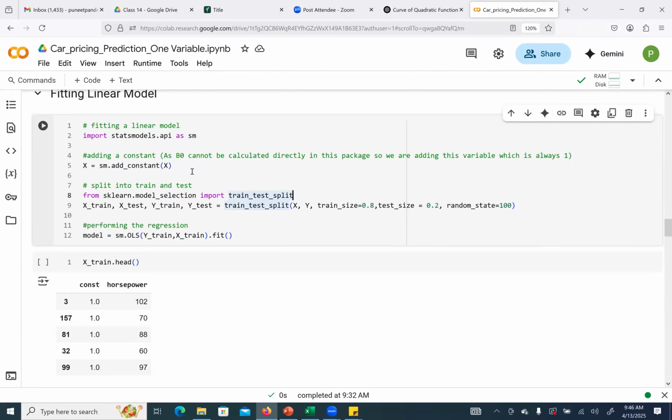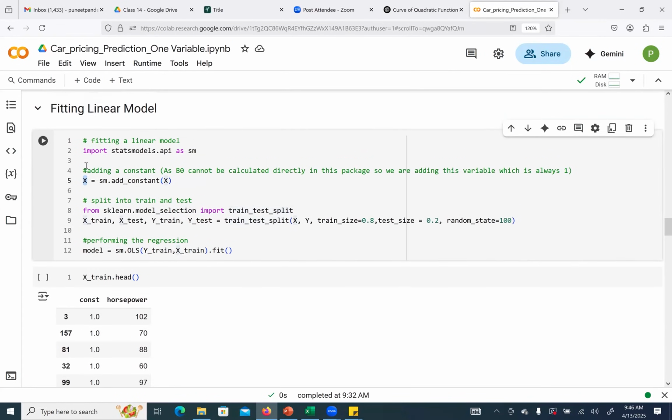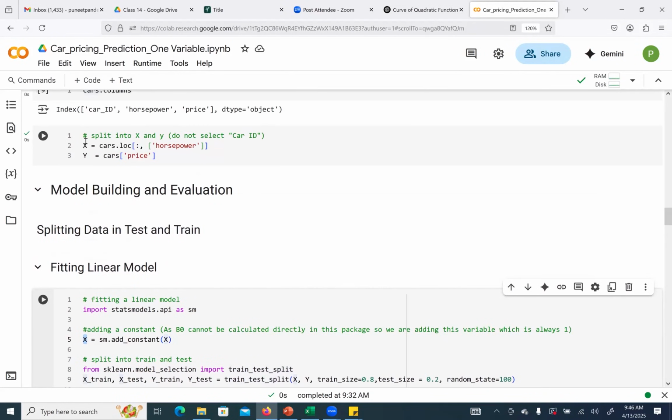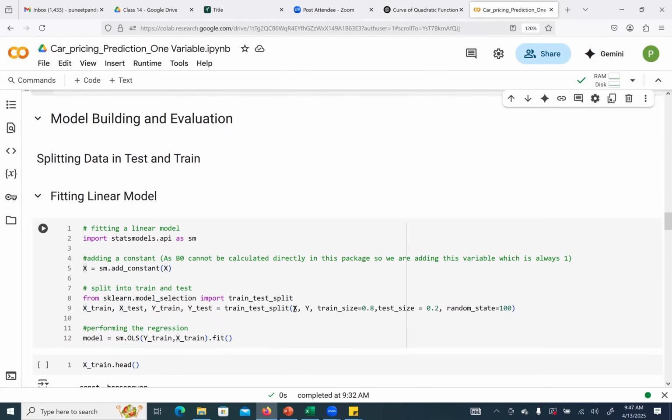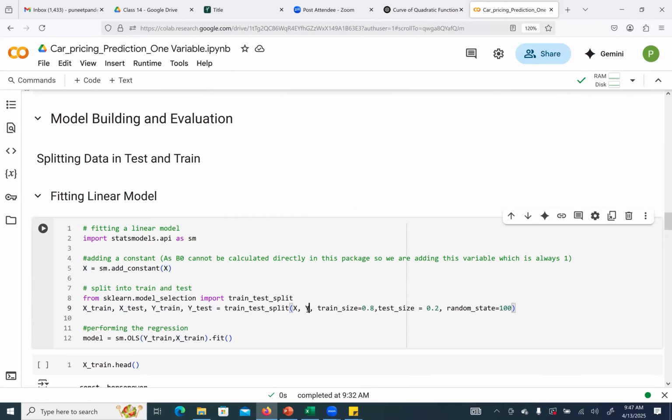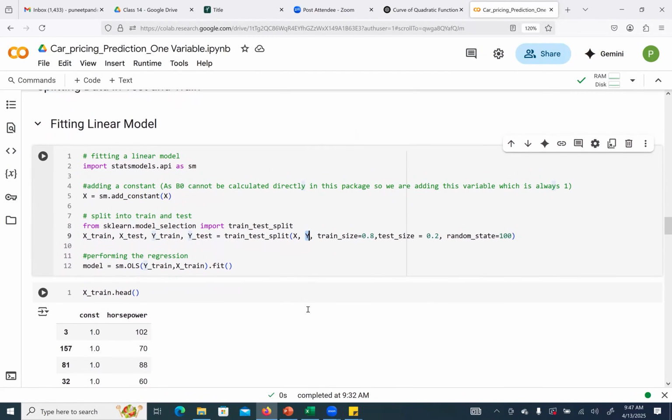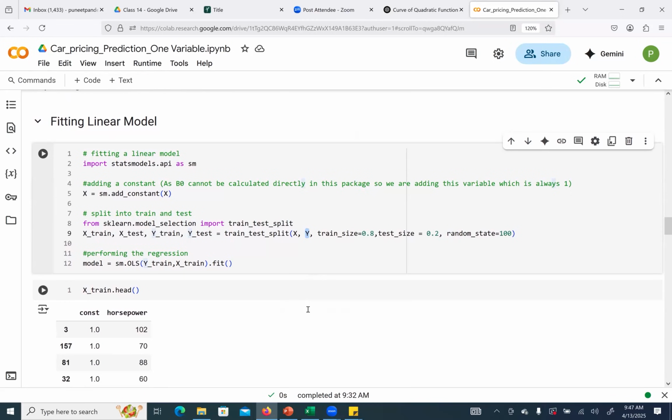I had defined X as horsepower, Y as price of the car. So here I am importing my input variable and my target variable. We just have to give the variable names only here, and the rest of the things will be exactly the same.